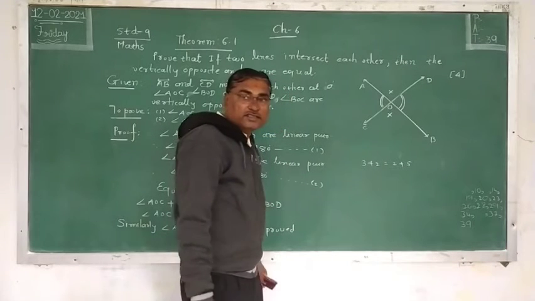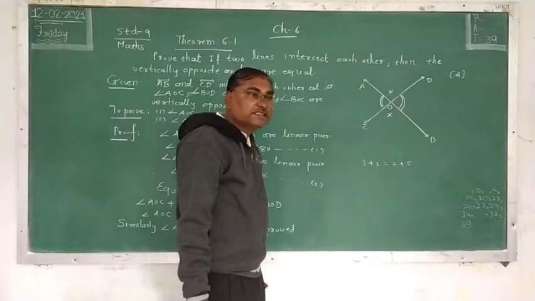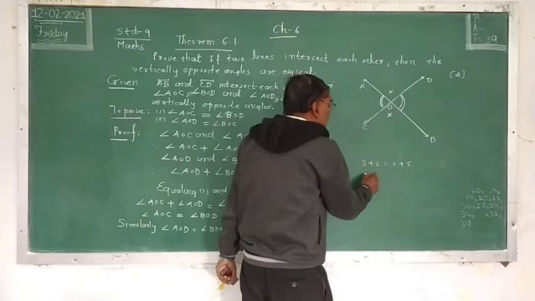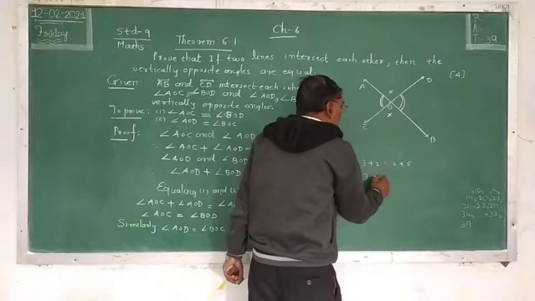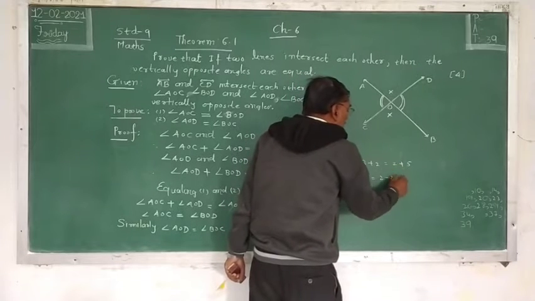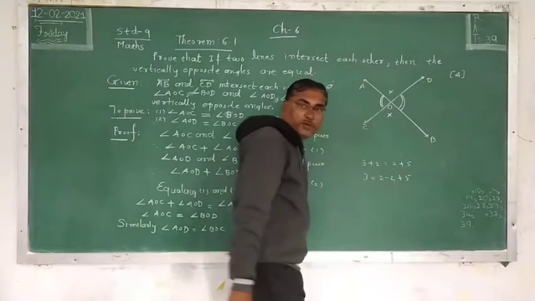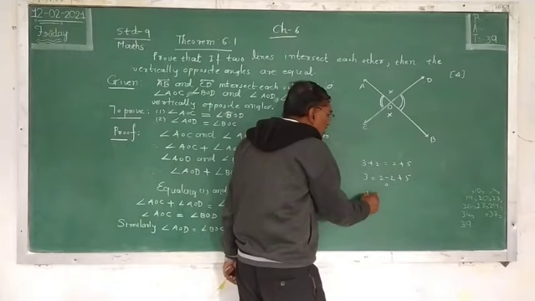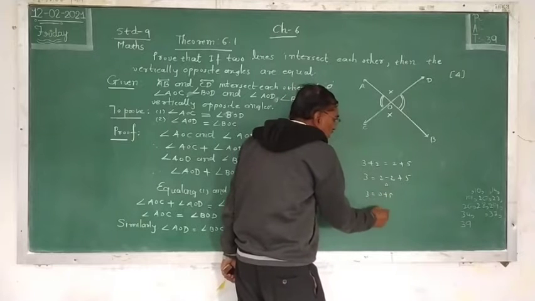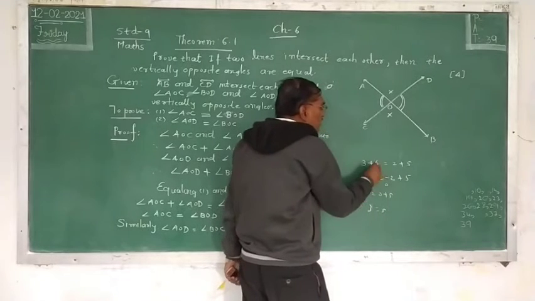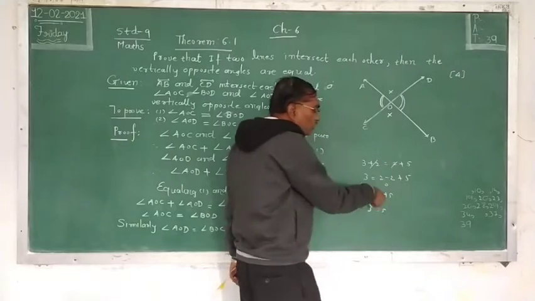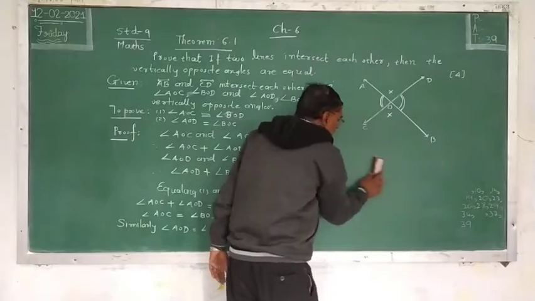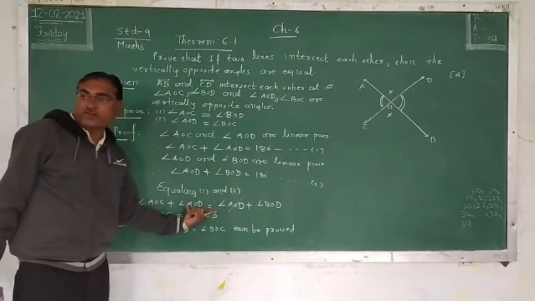If not cut, the result will be the same. 3 plus 2 is 5. 3 equals 2 minus 2 plus 5, then 3 equals 0 plus 5, so directly 3 equals 5. In this way we can cut the equal part from both sides.